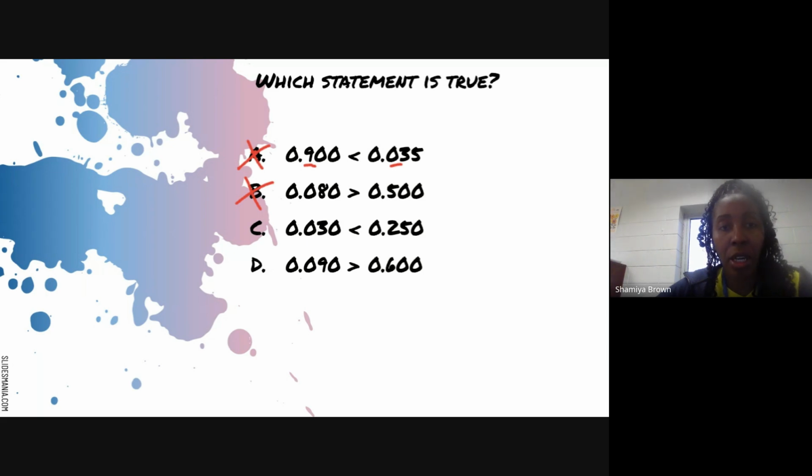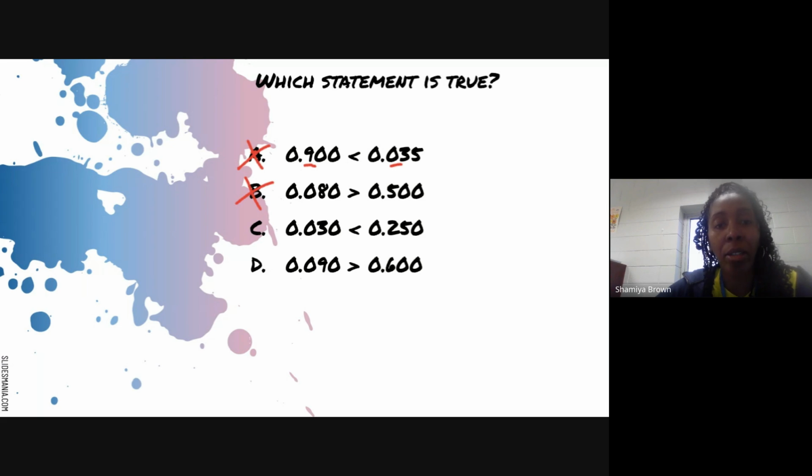This one has a 0 in the tenths place, and this one has a 2 in the tenths place. So this number should be bigger. I'm sorry, this number should be smaller than this number. So I have a 0 here, 2 here. This is smaller than this. So that means this number should be the smaller number.